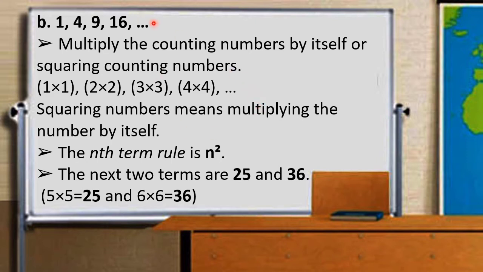So, 5 multiply by itself, 5 times 5 equals 25. After ni fifth term, pang sixth term na. So, ang counting number ni sixth term ay 6. So, multiply by itself, 6 times 6 equals 36. So, ang next two terms, pagkatapos ni 16 ay 25 and 36.